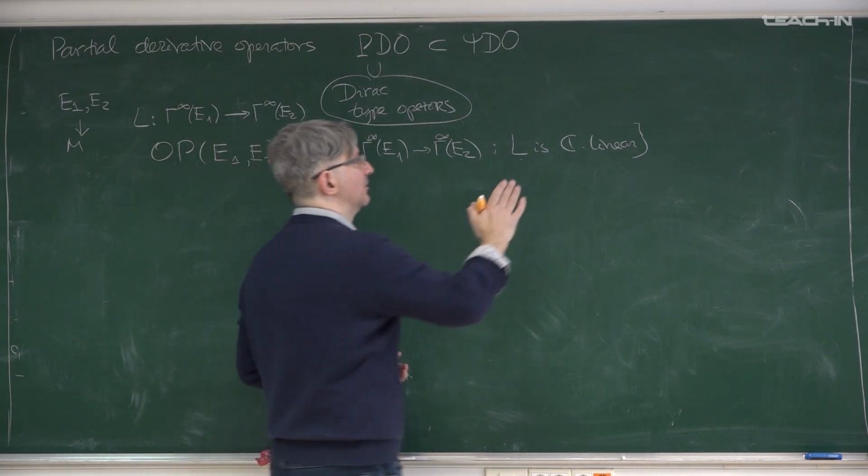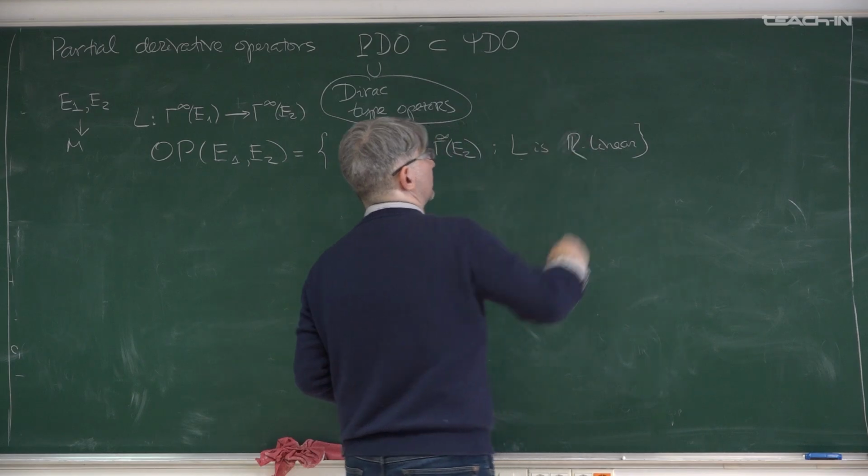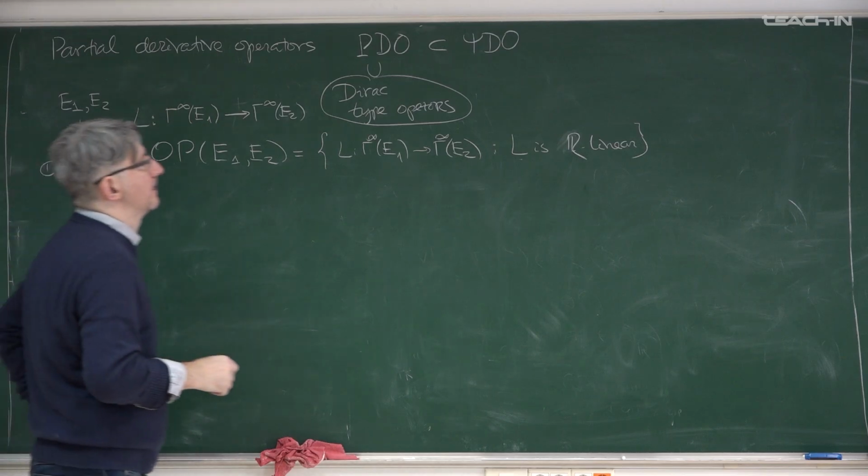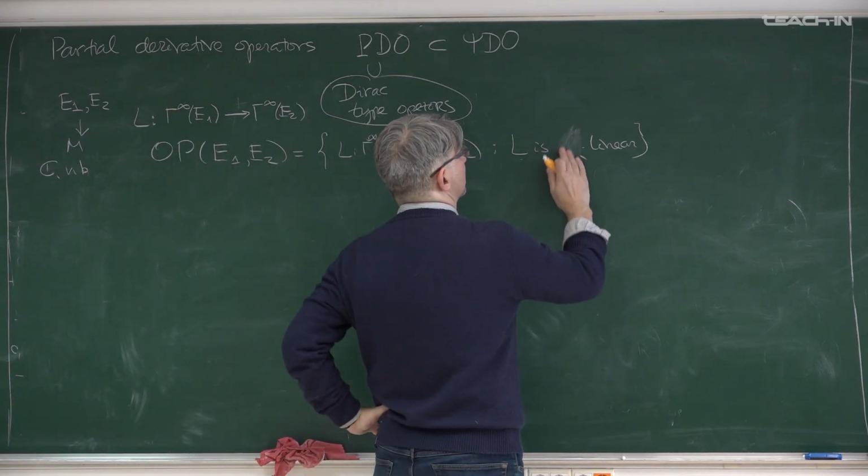Oh, sorry, it is just R linear. Wait a moment. Maybe it's better to write that these are complex vector bundles. This is C linear.